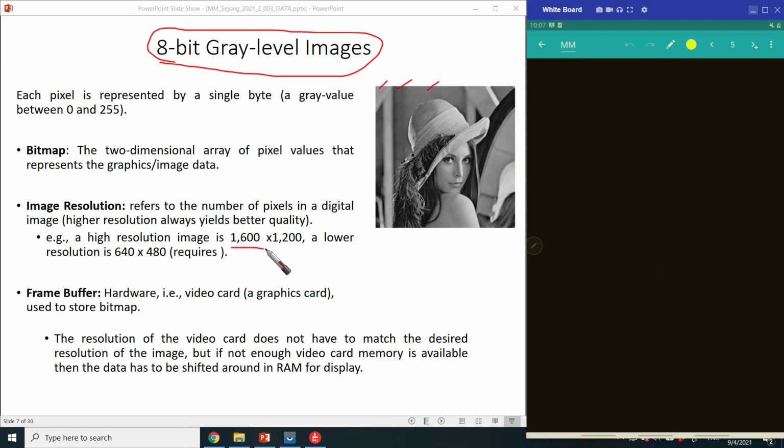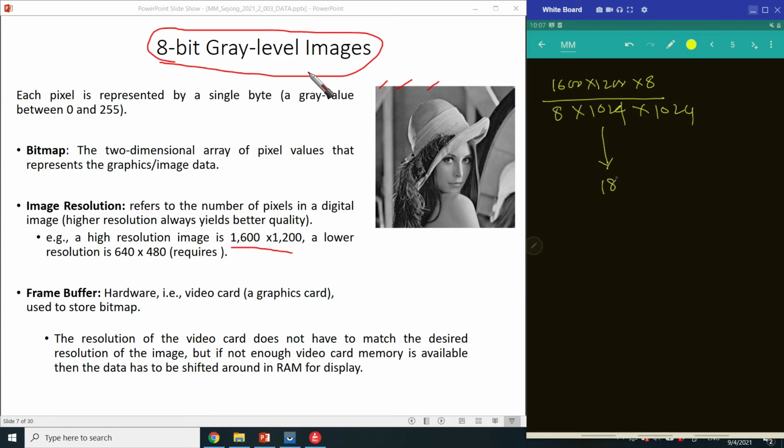Now how about another example? Let's say our image size is 1600 by 1200. If this is our image size, then what is the storage requirement for this 8-bit gray level image? For each pixel we need 8 bits, and if we divide by 8 it would be bytes, if we divide by 1024 it would be kilobytes, and if we divide by 1024 again it would be megabytes.